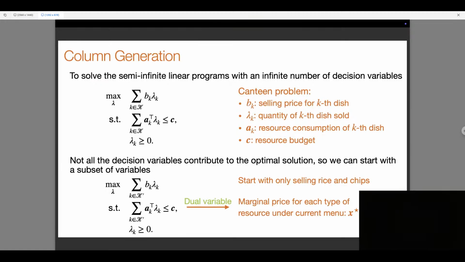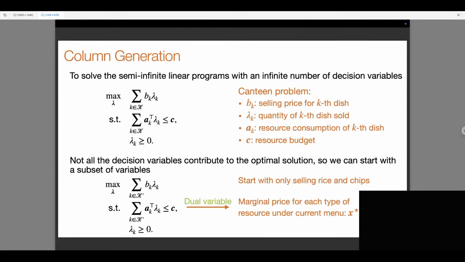If we put this problem into any commercial solver, it will return us the optimal solution for the primal decision variable and also the dual decision variable, where the dual decision variable for the first constraint is the marginal price of each type of resource under the current menu, that is under only selling rice and the chips.